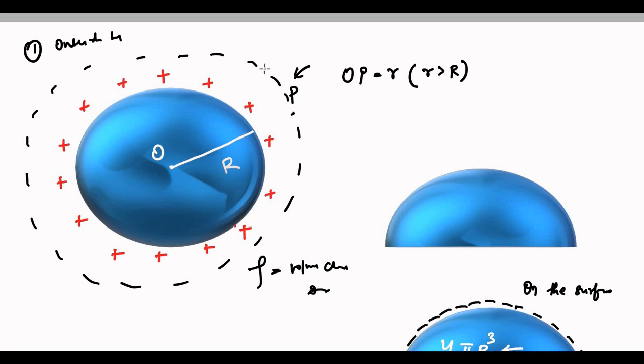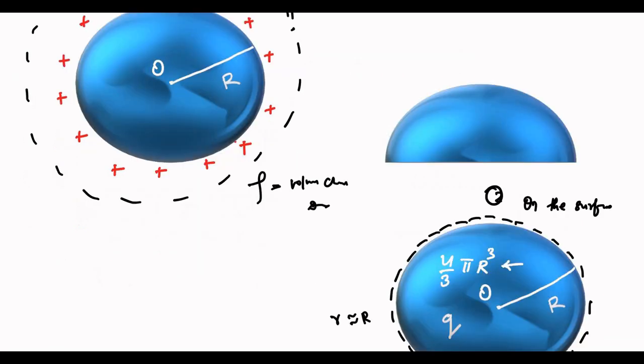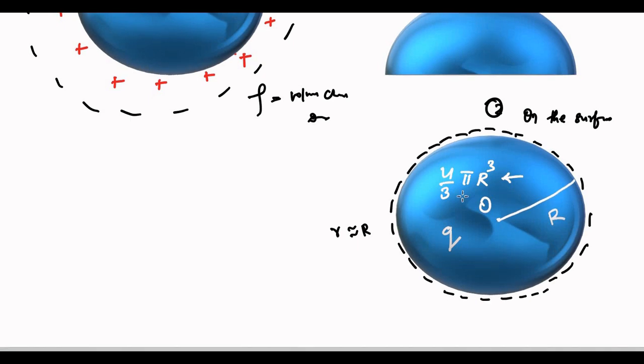This is the second case, a point on the surface. Here the Gaussian surface has a radius almost equal to the radius of the sphere. And here the Gaussian surface has a radius which is greater than the radius of the sphere.